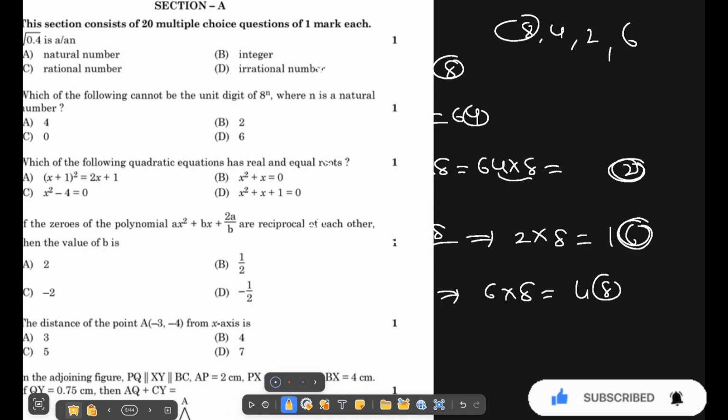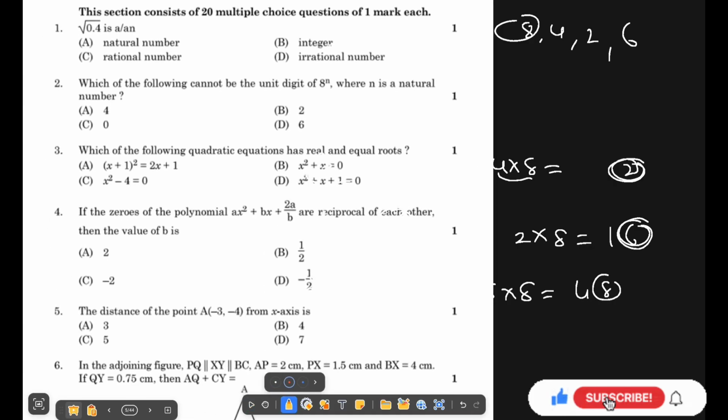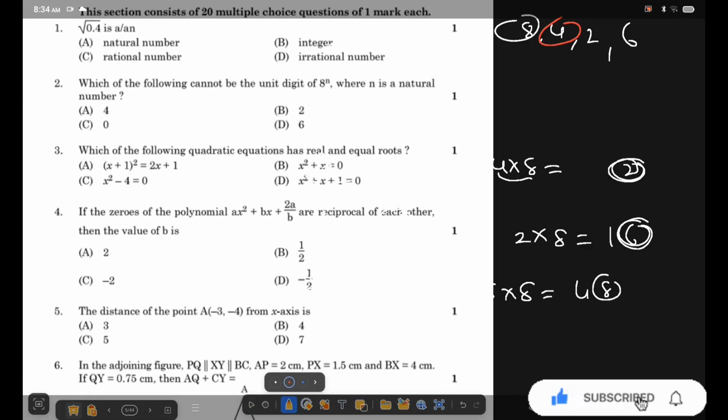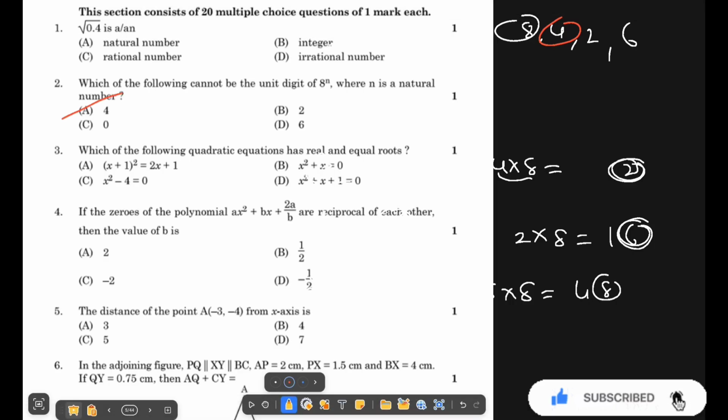Yes, the unit digit can be 4, can be 2, can be 6, but the unit digit cannot be 0. So among these A, B, C, D, option C is the right answer.